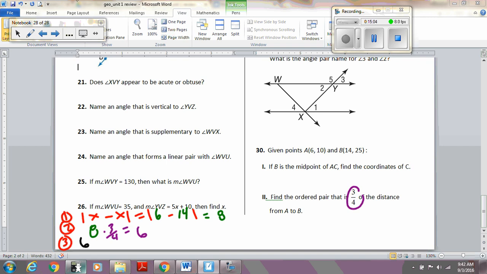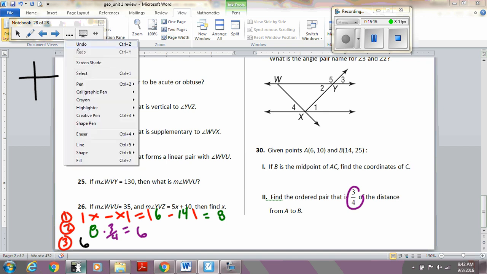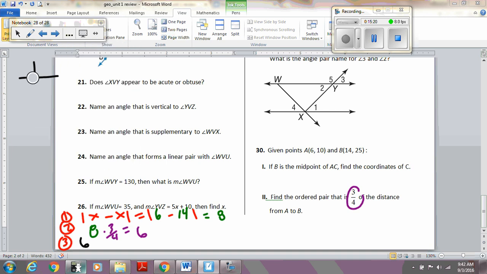If you were to visualize this on an actual grid, we only need the first quadrant because both x and y are positive. So in quadrant 1, you would have point A at 6,10, and B is at 14,25.